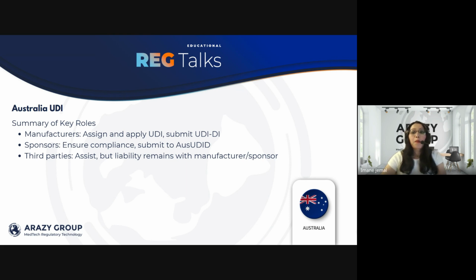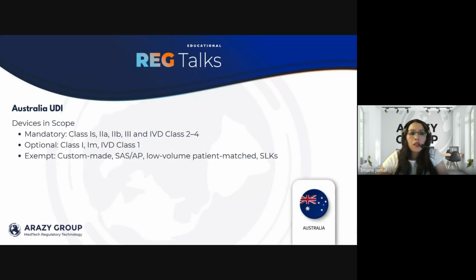And the third party must assist but does not replace the legal responsibility, of course, of the manufacturer and the sponsor. So if you wish to have an overview of all these requirements regarding UDI in Australia, have a look at this new document.